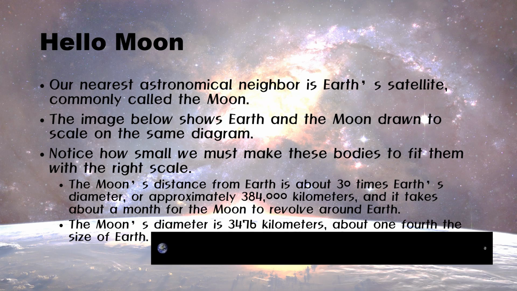Because the moon's distance from Earth is about 30 times that of Earth's diameter, or approximately 384,000 kilometers. It takes about 1 month for the moon to revolve around the Earth. Now, the moon's diameter, just for reference, is 3,476 kilometers, or about 1/4 the size of Earth.